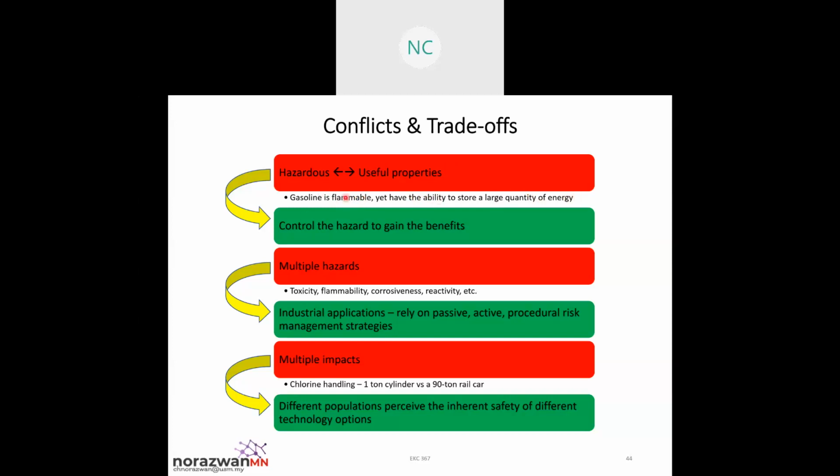Until now, if there is no replacement for a flammable material that can store the same quantity of energy as gasoline, gasoline will still be useful and will be used inside the process.